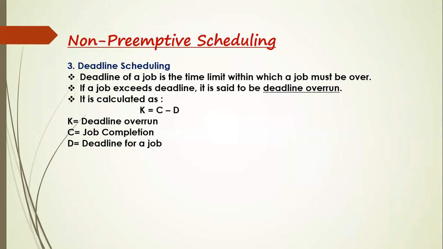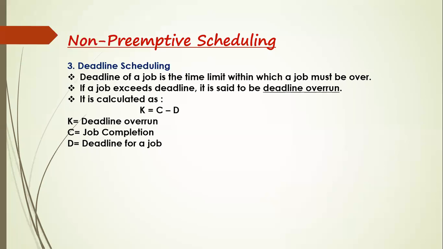Next is deadline scheduling. Deadline scheduling means what? See the time limit. In deadline scheduling, we give the time limit, and within that time limit, the processor has to complete the execution. If the job exceeds the deadline, it is said to be a deadline overrun.